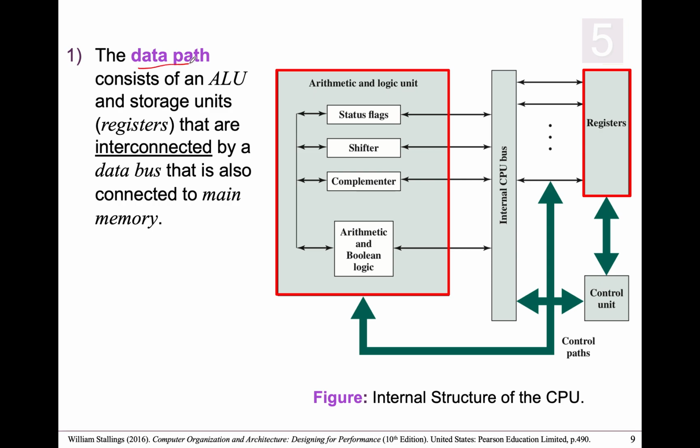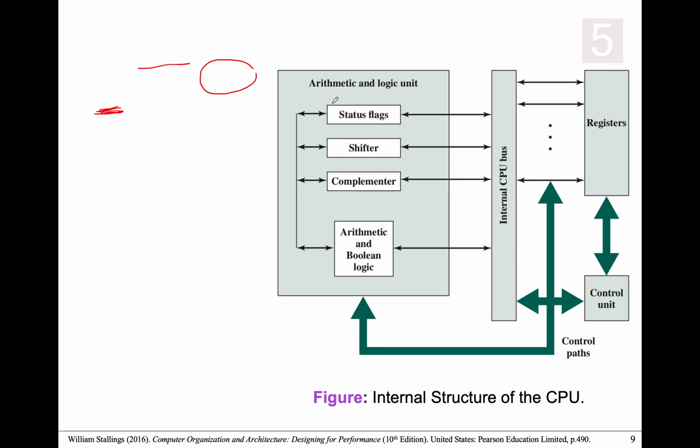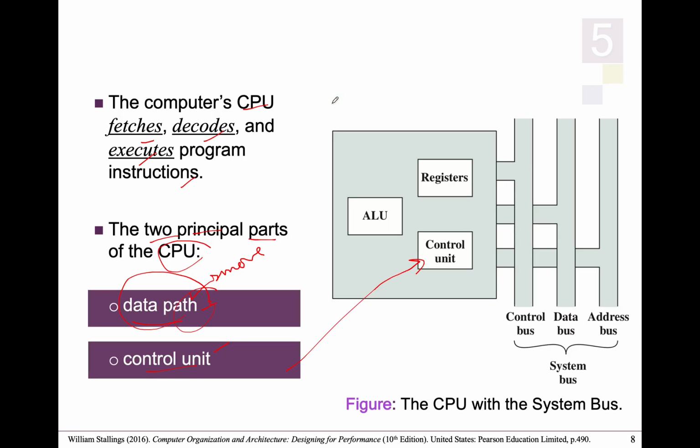Data parts consists of an ALU and storage unit, which is your register. Means that your data parts has the ALU and also your register. Why? Isn't the control unit the one that controls the movement of your data? But what is the meaning of path here?